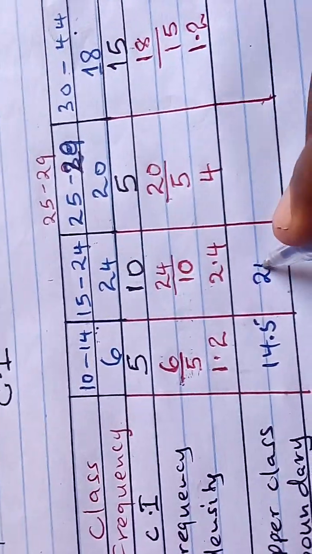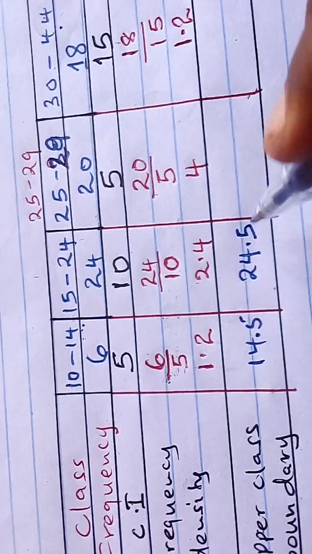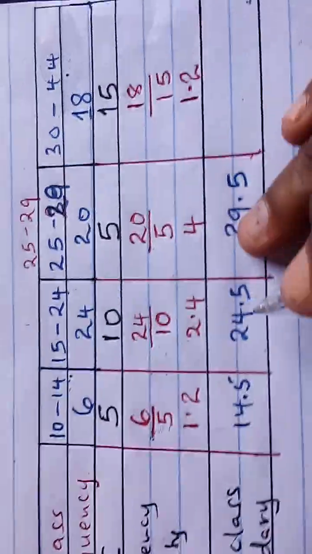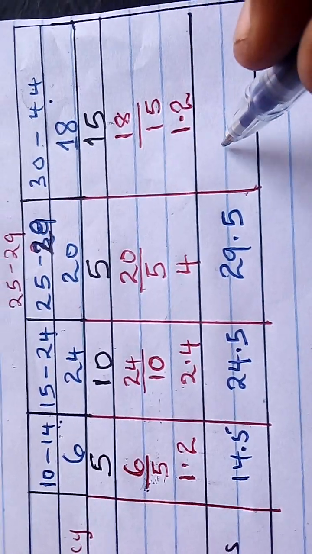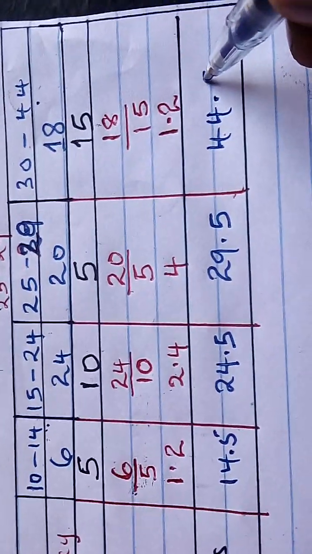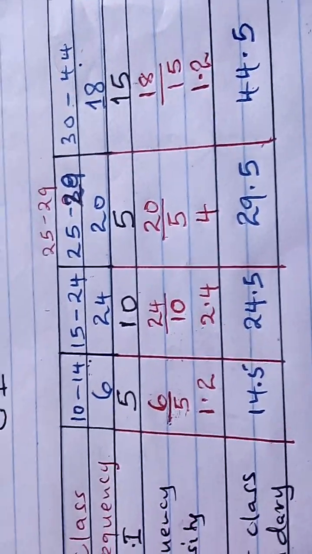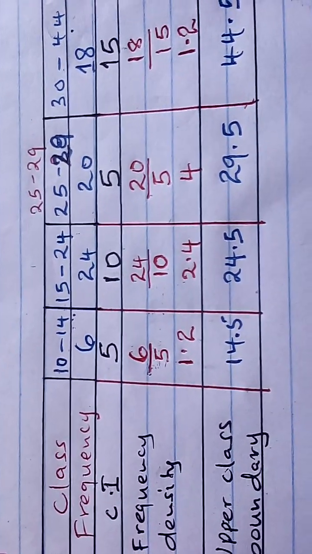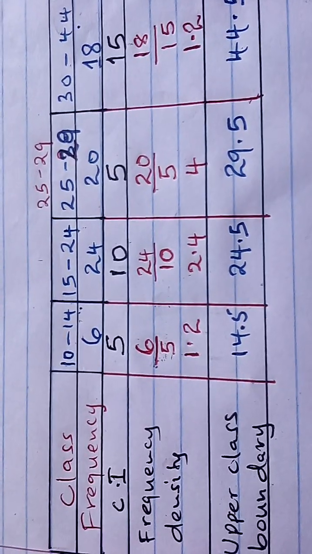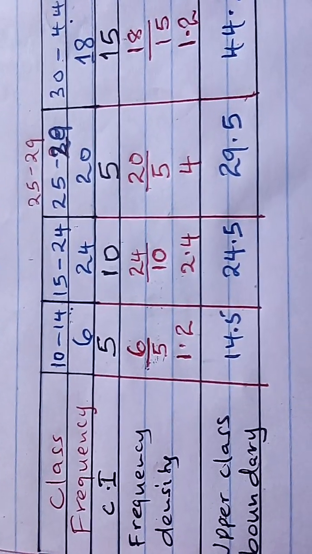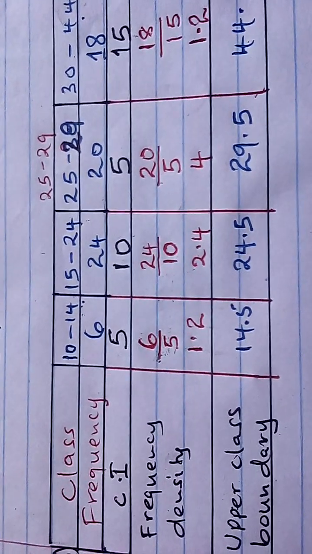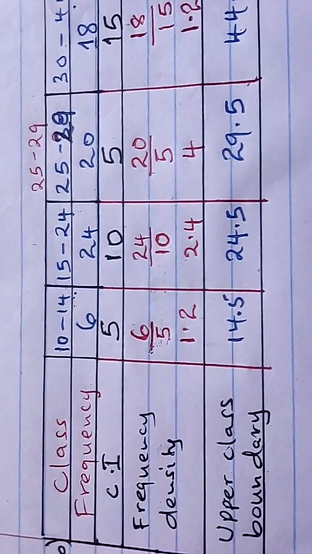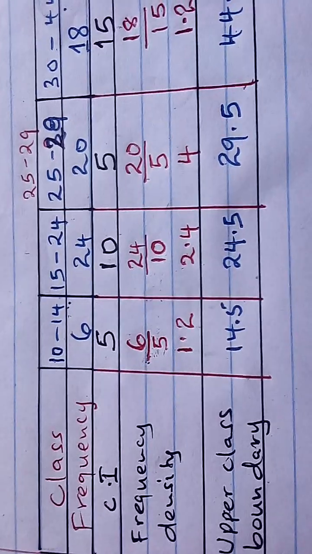Here we have 24.5, then here we have 29.5, then here we have 44.5. So that is the second thing which you have to calculate when plotting a histogram for a data whose class interval is not uniform. So you need to calculate frequency density for a data whose class interval is not uniform.